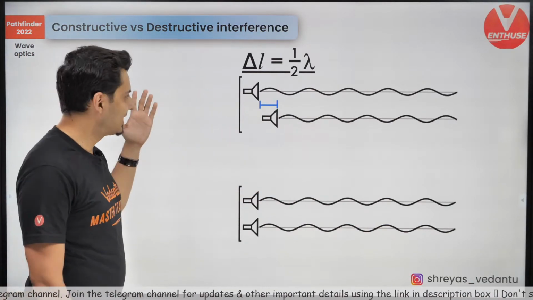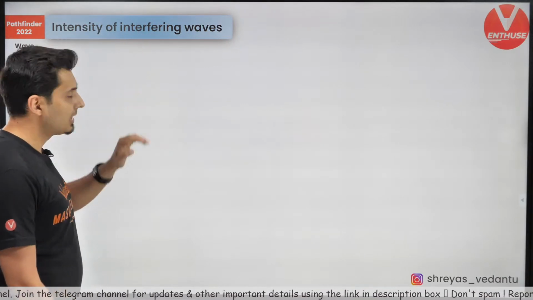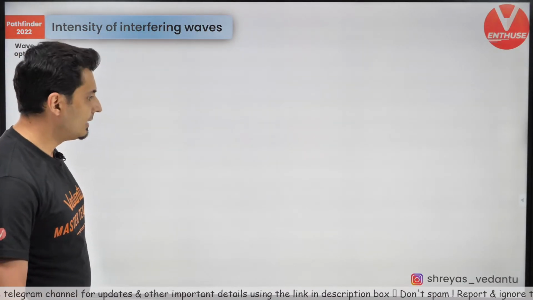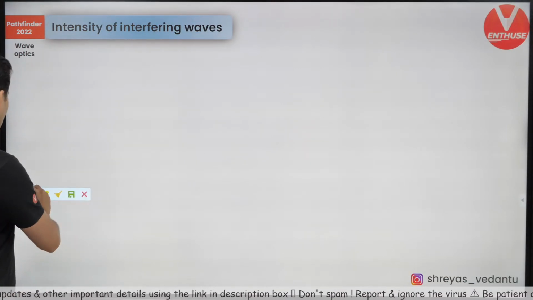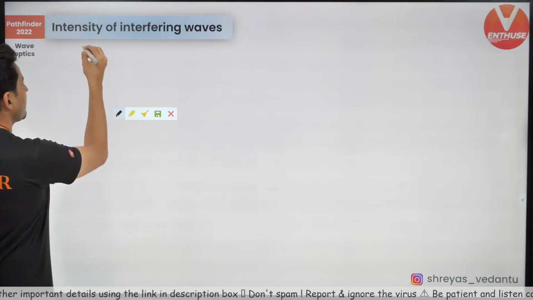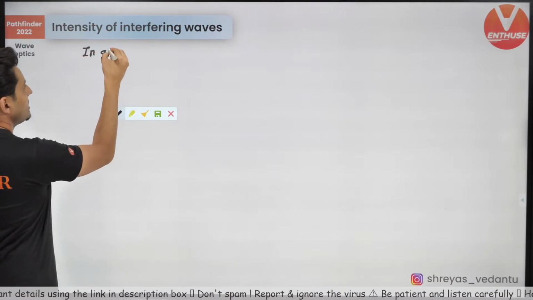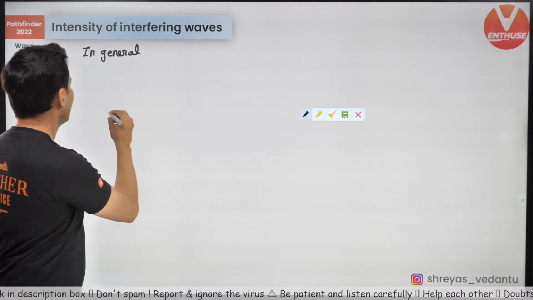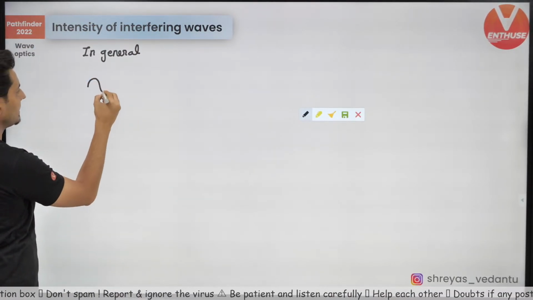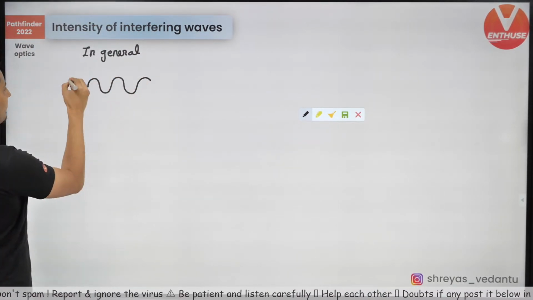Let's move on to the generic expression for interference of waves. In general, when you have 2 waves, something like this, let's say this is wave 1.